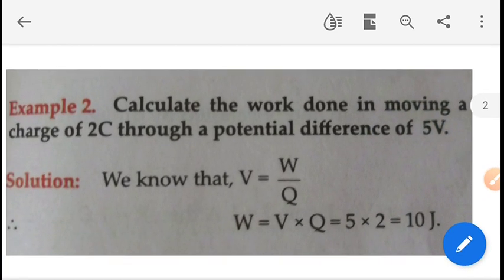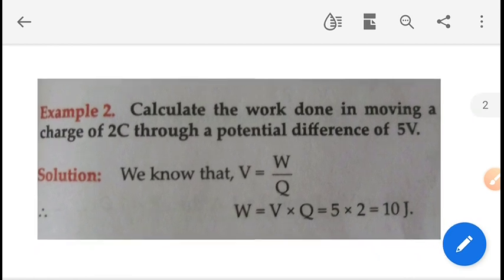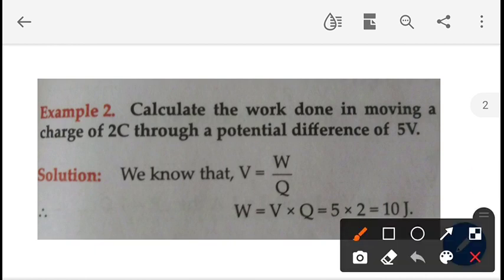Here I have taken an example. Calculate the work done in moving a charge of 2 coulomb through a potential difference of 5 volt. This question is based on the formula I have explained to you, V is equal to W by Q. Here it is given that charge is 2 coulomb and potential difference is 5 volt.